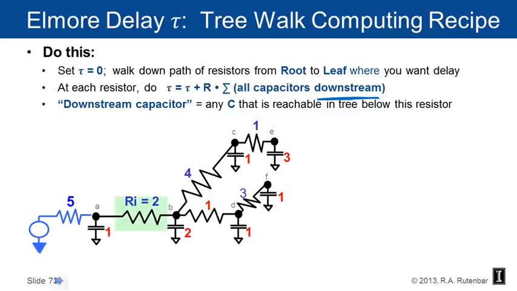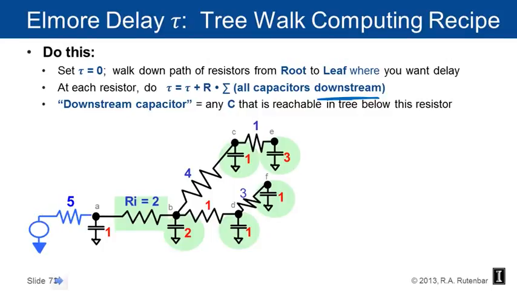All right, so let's be concrete on this example. I've got resistor Ri equals 2 between nodes A and B. What is the downstream capacitance? The answer is the capacitors at nodes B, C, D, E, and F. Any current going through resistor Ri equals 2 could end up on capacitors at nodes B, C, D, E, or F. So you're going to take Ri as 2 and multiply it by 2 plus 1 plus 1 plus 1 plus 3.